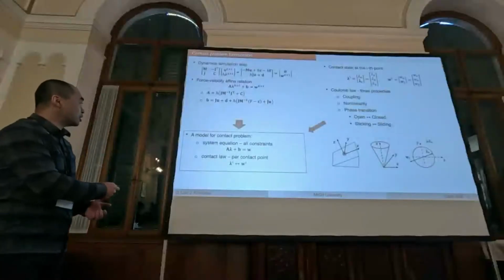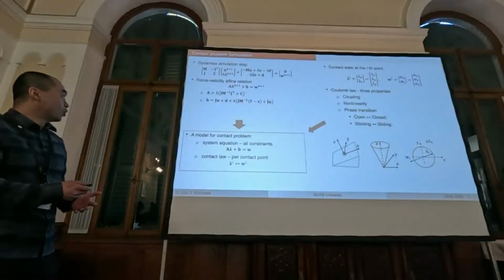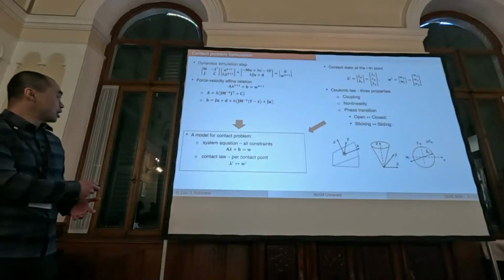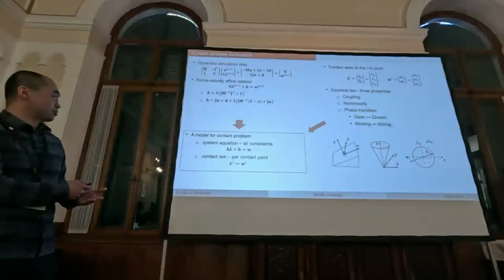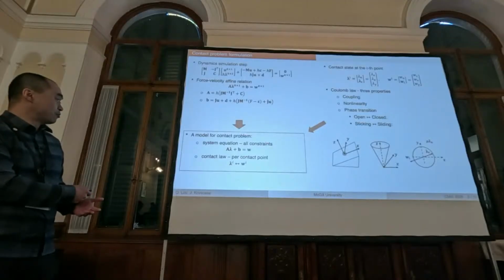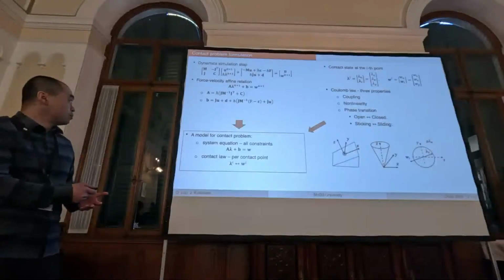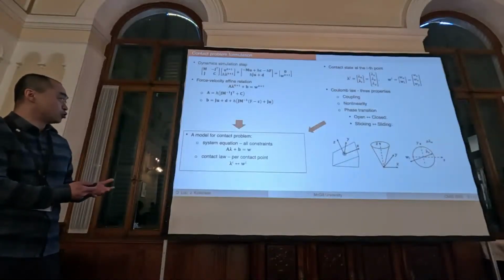So when we see a contact problem, it consists of 2 relations. One relation comes from the system dynamics, forming the system equation that represents all constraints, and another relation comes from the contact law imposed on each contact point.